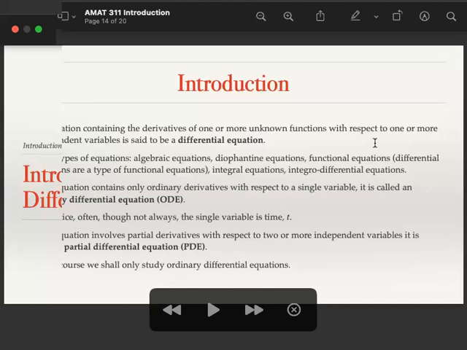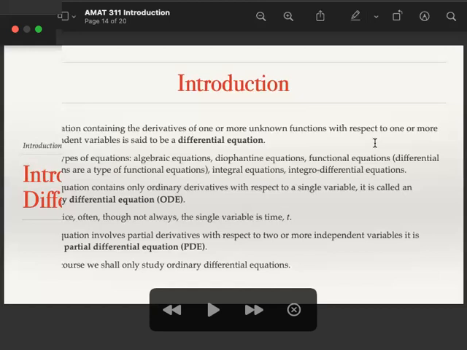So, okay, here are some more examples of other types of equations: partial differential equations, Diophantine equations, integral differential equations, and functional equations. In addition to equations that involve derivatives like differential equations, one can have equations that involve integrals, which are called integral equations.